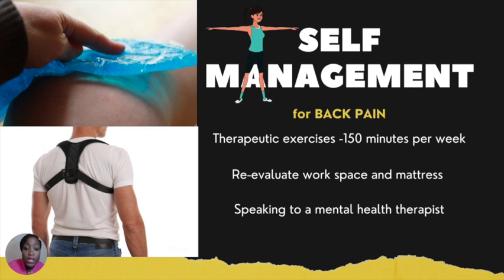All right. So the number one recommendation, once your healthcare professional has ascertained that the reason for your back pain is a mechanical cause that is safe for us to intervene and treat, is therapeutic exercises.